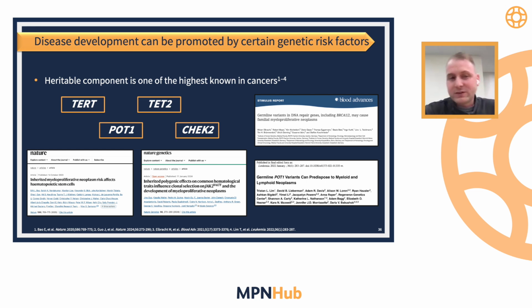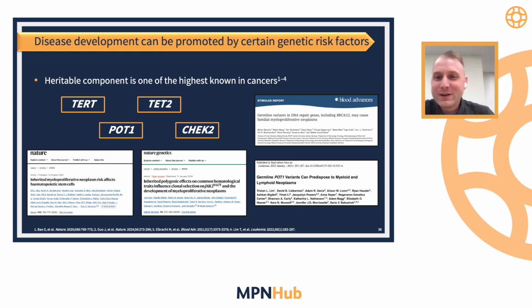Some of these genes are, for example, TERT or POT1. These are genes that are important for telomere maintenance, leading to sustained telomere maintenance in hematopoietic stem cells, thereby driving mutant stem cell expansion, or variants in genes that are important for HSC self-renewal, like TET2, or genes important for stem cell self-renewal and DNA repair, like CHEK2.